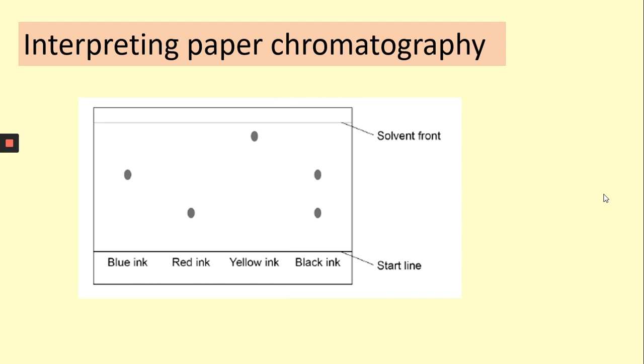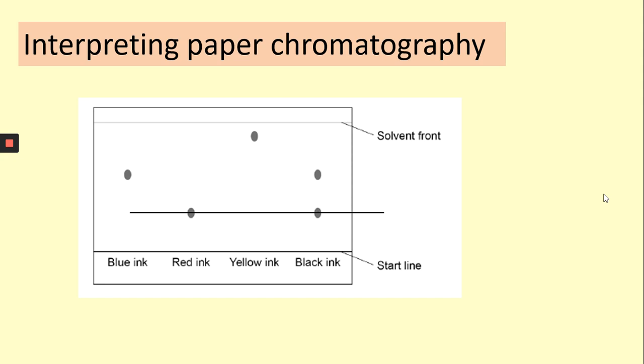So the first thing that I would look at here is what spots are in my black ink. So this is where you have to compare the distances that they've moved up the paper. So you can see here, I've got two dots in line with each other. I've got a red ink, and it's in line with the spots on the black ink.